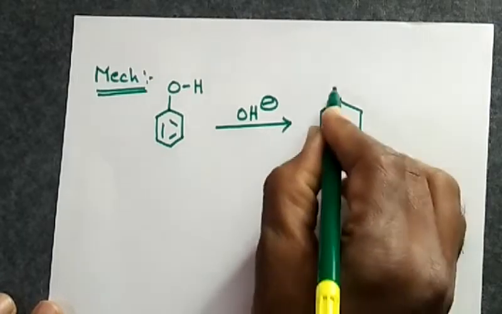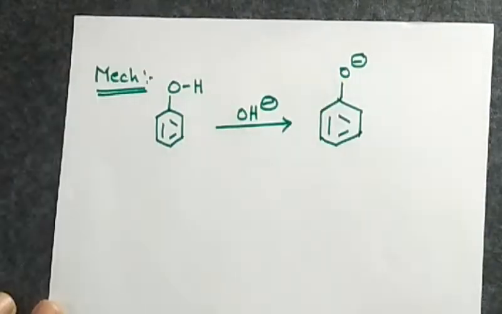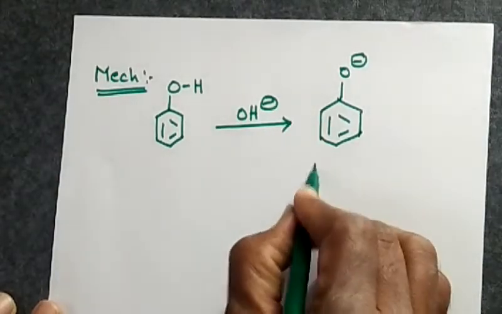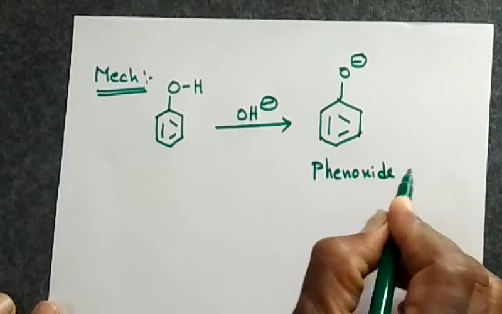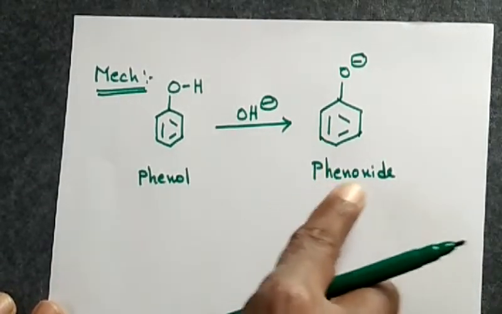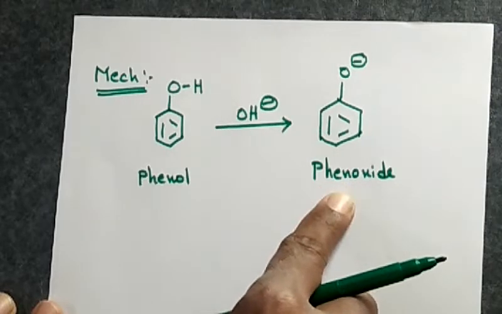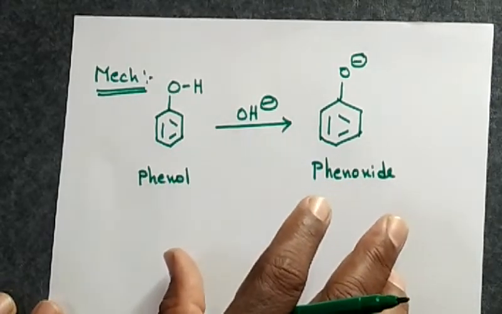Phenoxide ion is formed like this. This phenoxide ion is more stable than the phenol. You all know this point. Because of the resonance phenomena, phenoxide ion is more stable than the phenol itself. So phenoxide ion is stable.